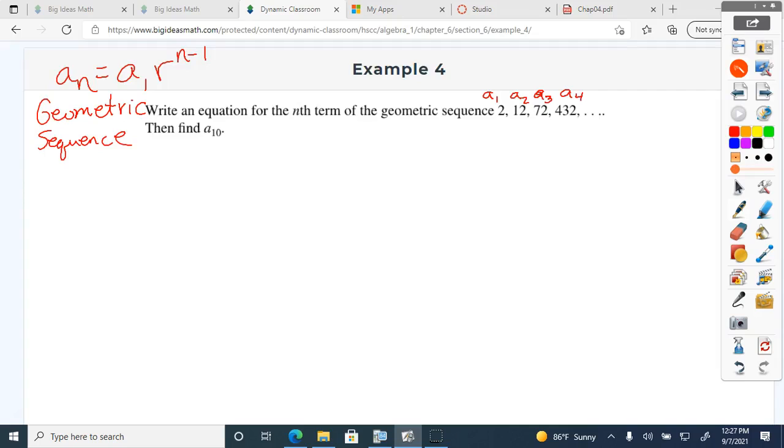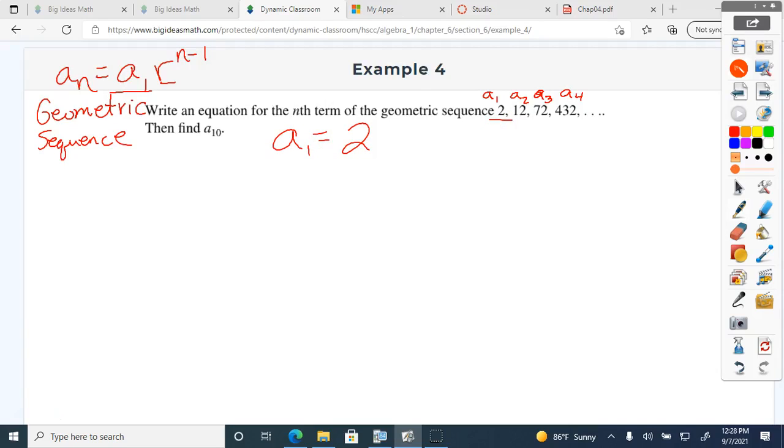So they want us to find an equation that could find any term. All we need is A1 and r. That's the only two things you've got to know. Do we know A1? Yes. A1 is 2, the first term.